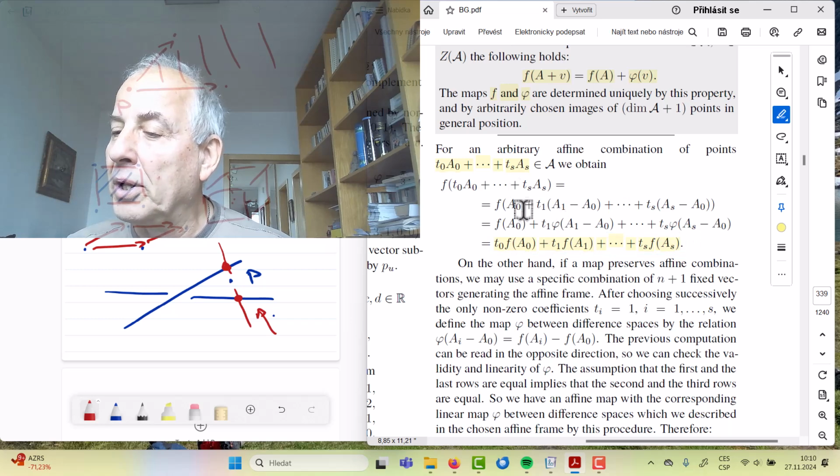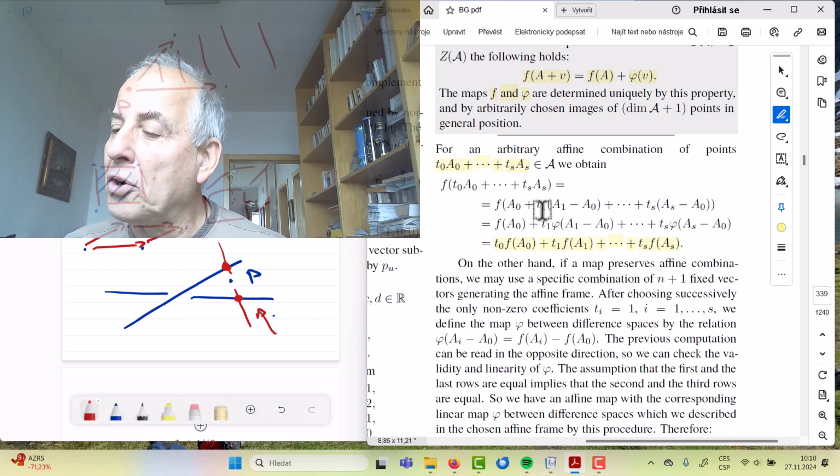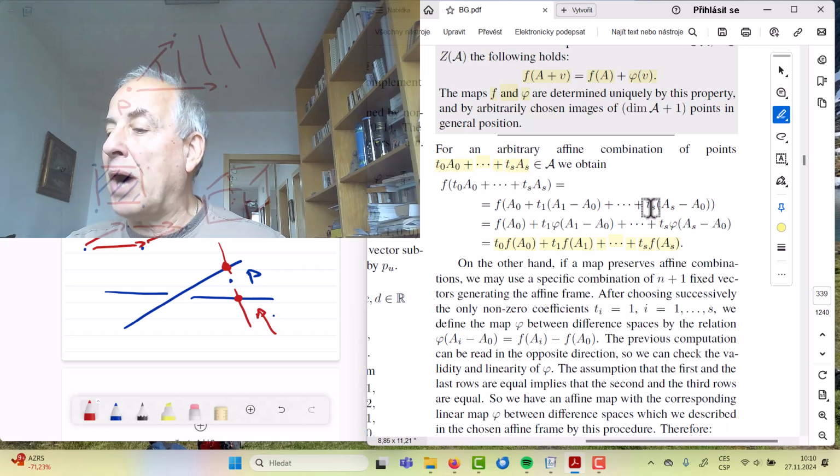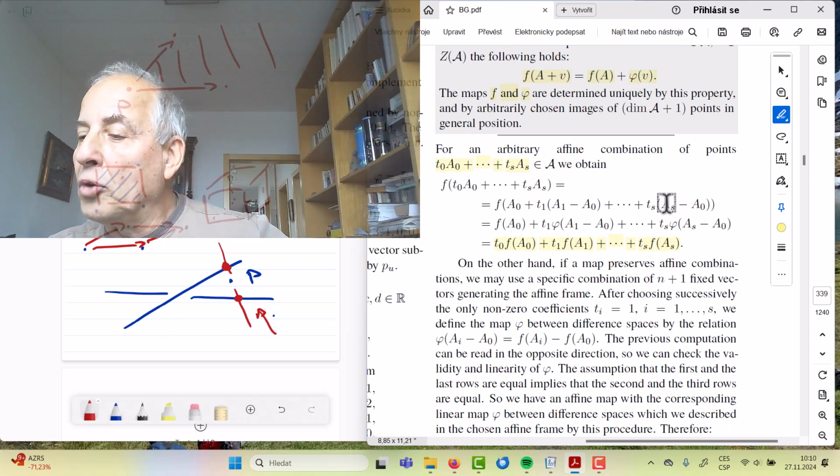It's a very simple argumentation. Here you write out what it means, right? This combination means exactly that you take A0 and add the differences from all the points to A0 with the remaining coefficients T1 to Ts, which might be arbitrary, right? So T0 is just 1 minus all of those.